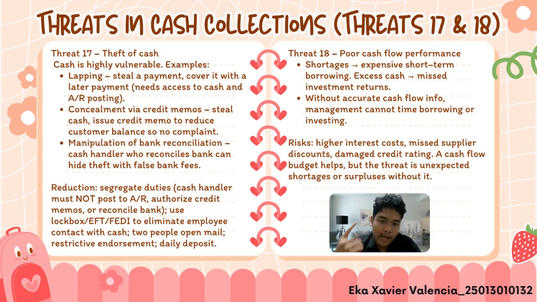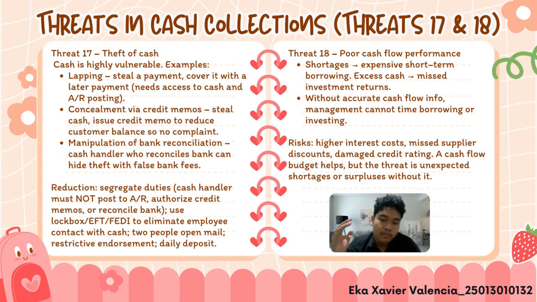The person who handles cash must not post to accounts receivable, must not authorize credit memos, and must not reconcile the bank account. And second, we use lockbox, EFT, and FEDI to eliminate employee contact with cash. Third, implement physical controls. Have two people open mail containing payments, apply restrictive endorsement immediately, and make daily deposits.